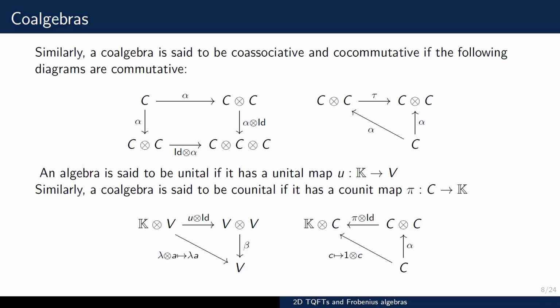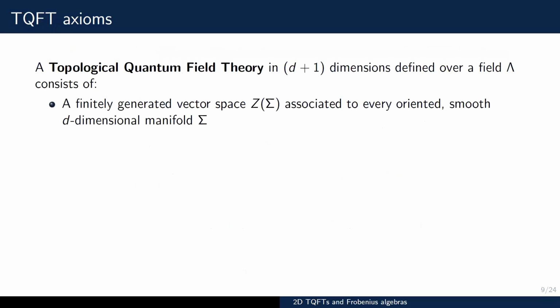So let's begin by describing our axioms of topological quantum field theory, which were given by Atiyah. In D plus one dimensions, a TQFT gives us two things. One is, for every D-dimensional manifold, we get a vector space. This is supposed to be our space of states, the one that we see the evolution of. This can also be required to be a Hilbert space.